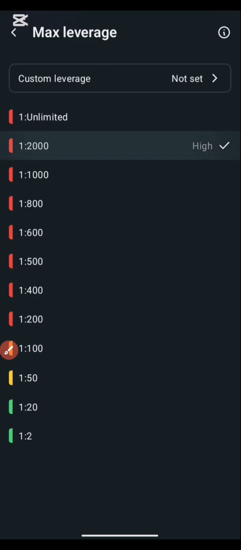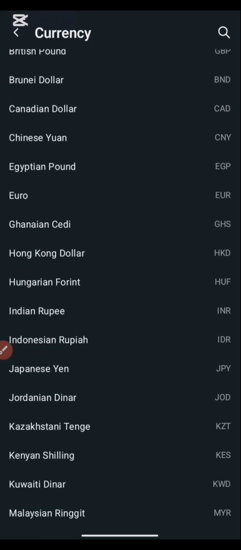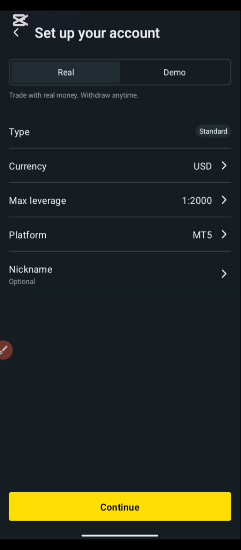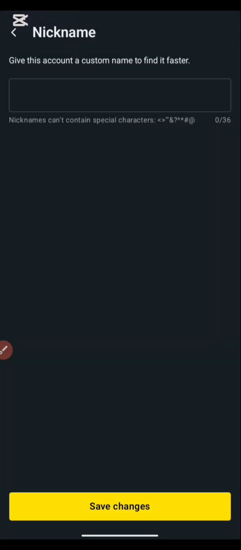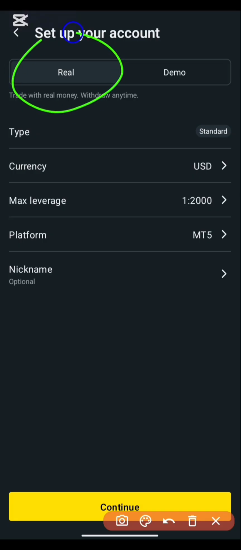So you choose the leverage you want, and then you can choose your currencies. Then you can add a nickname, you can add your name or any other name. Then after that, if you are not opening a real account at the moment, maybe you just want to test the platform, this is what you go for.